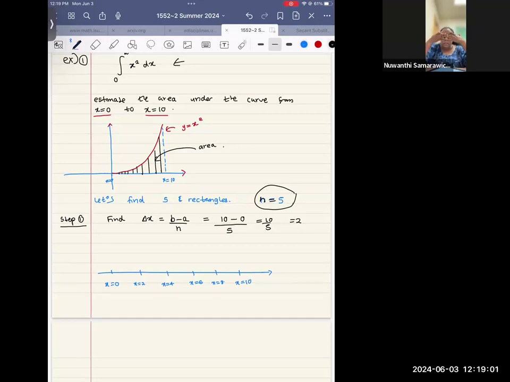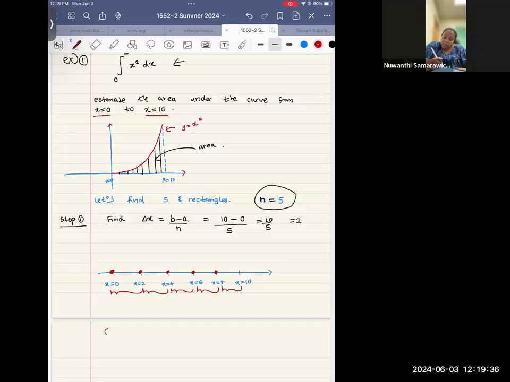So the difference between what we learned before and this rule is that when we find the left endpoints, we use only 0. If we take this subinterval, we take this point; for this subinterval, this point; and so on.